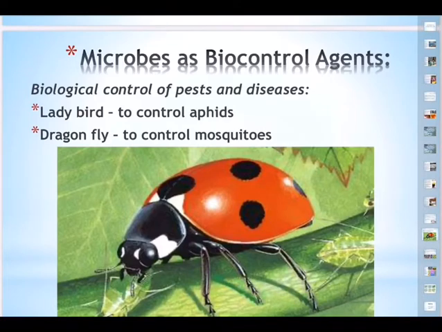The natural method of pest and pathogen control involving use of viruses, bacteria and other insects which are their natural predators and pests is called biocontrol or biological control.